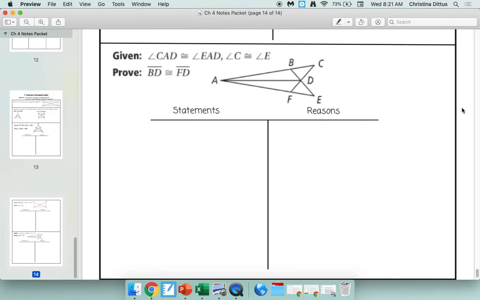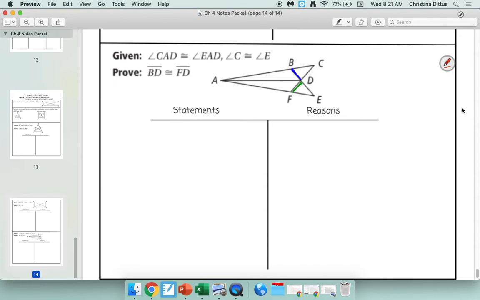Alright. We got sides again that I want to prove are congruent. I have BD that I want to prove is congruent to FD. It's kind of tricky, it's hard to see which triangles they might be talking about. So let's look at what the angles were given.